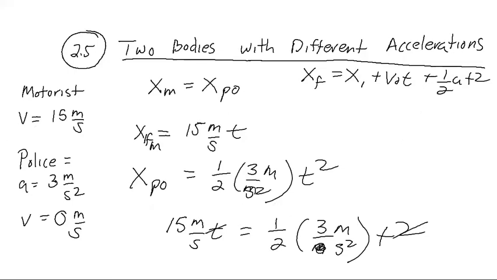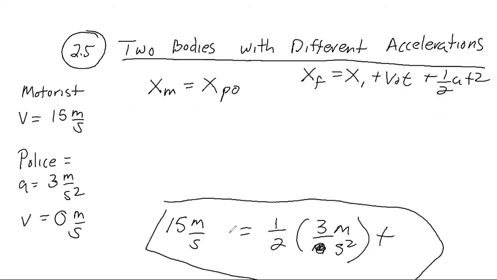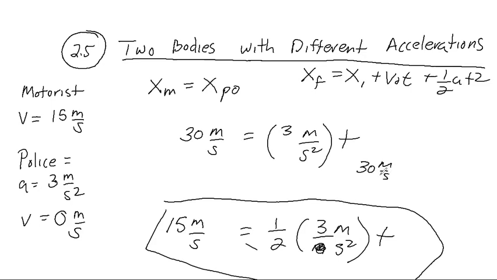Working with this expression, I'm going to multiply both sides by 2, and I get 30 meters per second equals 3 meters per second squared times T. I'll divide both sides by 3 meters per second squared, and I get 30 meters per second divided by 3 meters per second squared equals T, and T will be equal to 10 seconds.